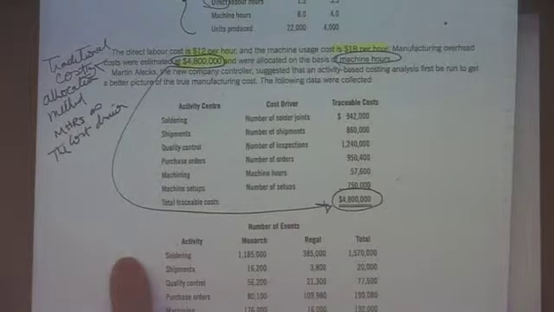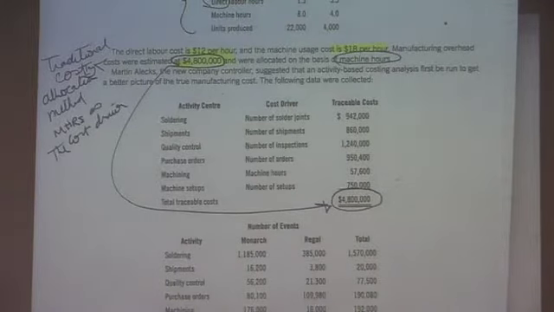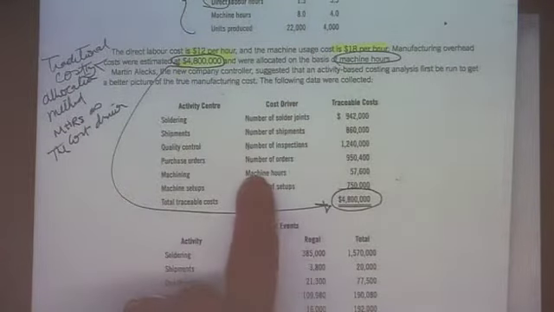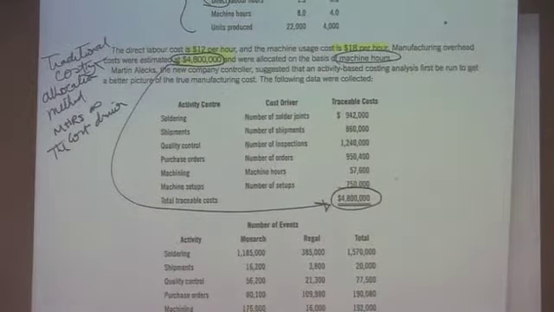So, for example, for machining there was 176,000, probably machine hours, because that's the driver, and Regal only uses 16,000 machine hours.